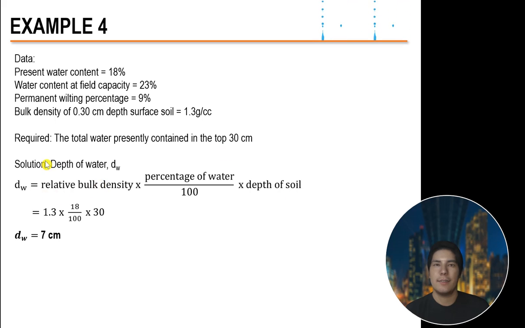So we have this formula: the relative bulk density times the percentage of water over 100 times the depth of soil. Given the relative density of 1.3, the percentage of water, which is the present water content, 18% over 100, times the depth of soil, which is 30 cm. Therefore, our depth of water is 7 cm.